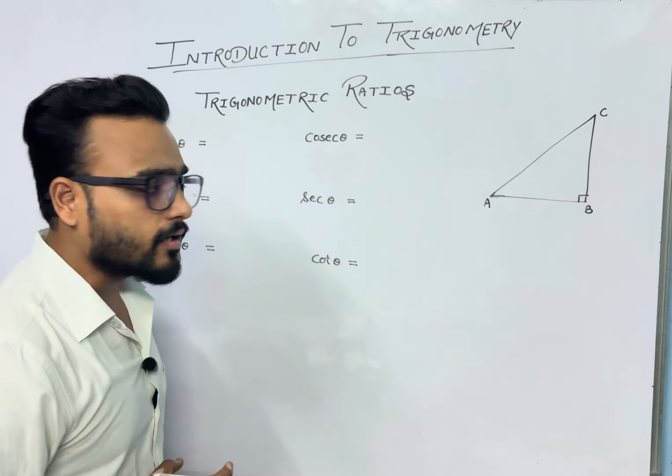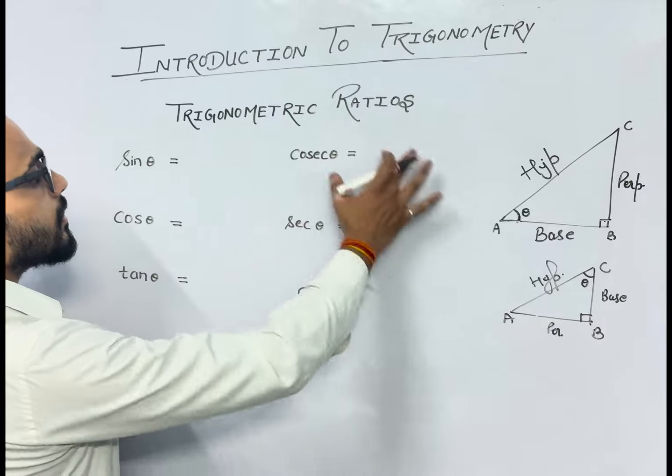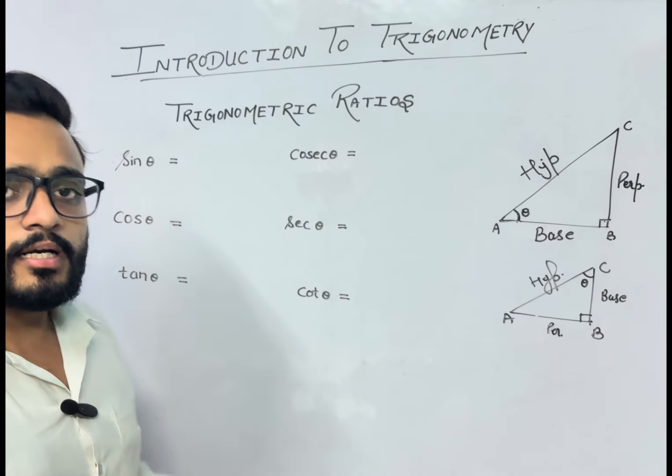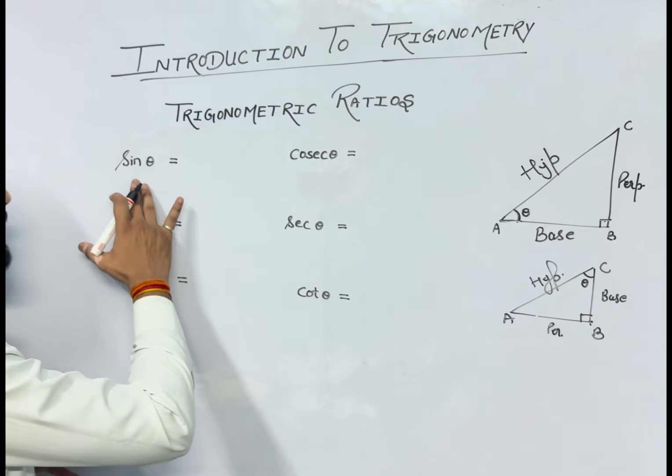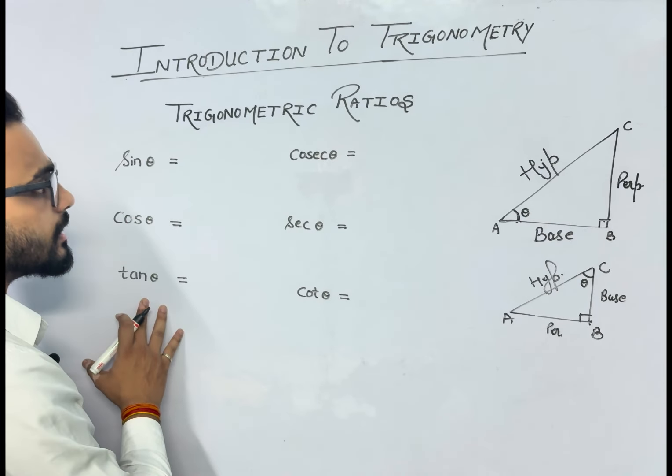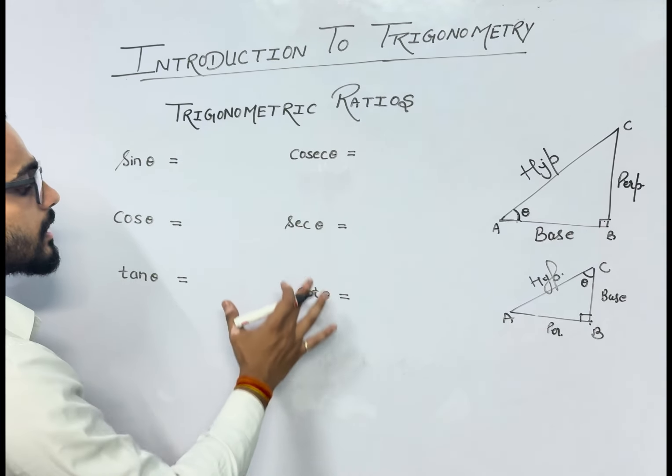So basically in trigonometry there are six fundamental trigonometric ratios, which are sin theta, cos theta, tan theta, and cosec, sec, and cot theta.